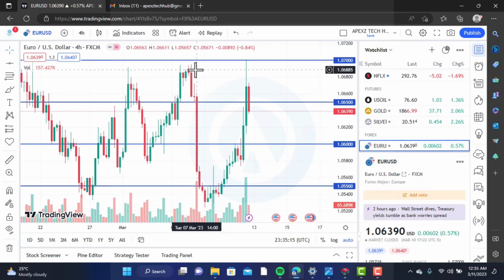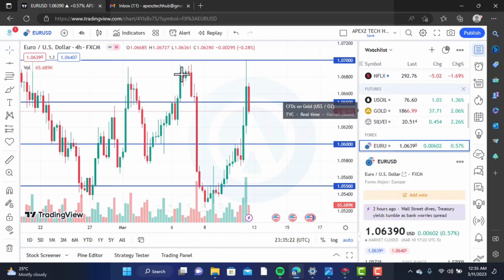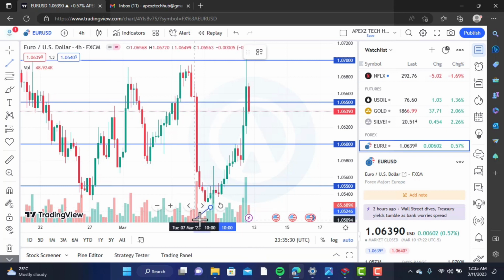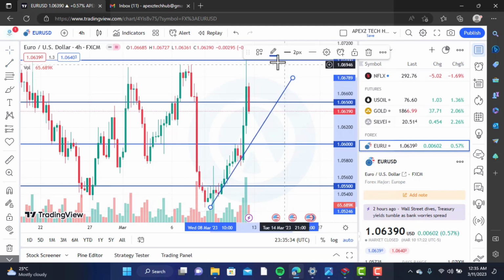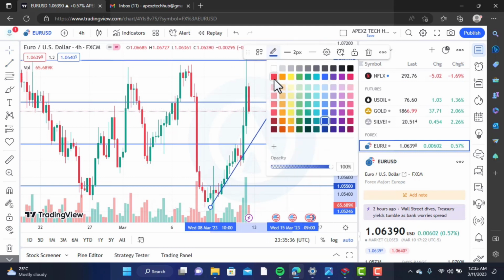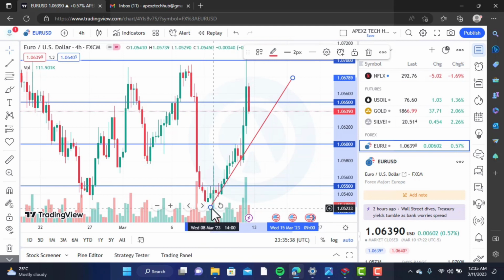So first of all, from this low here, I want to draw a trend line. Drawing a trend line right now, I'll just click here, pick my trend line tool. See, you can pick it from anywhere. You can try to just draw it straight like this. Let me change the color, maybe red.